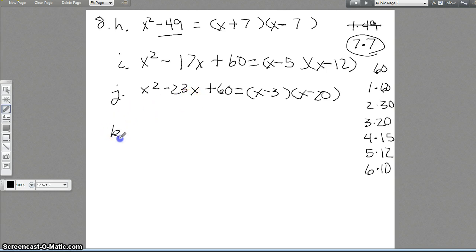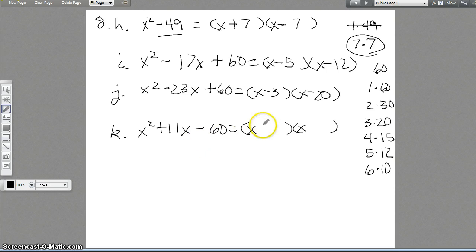Now we're going to look at part K. Part K is x squared plus 11x minus 60. Okay, again, we'll have our pair of parentheses, and we know we're going to start with x. Now notice our last term, our constant here, is negative.